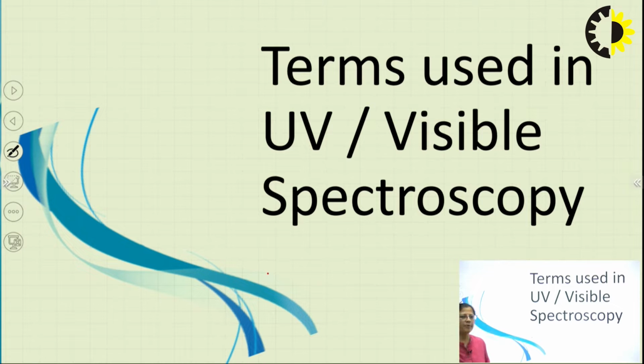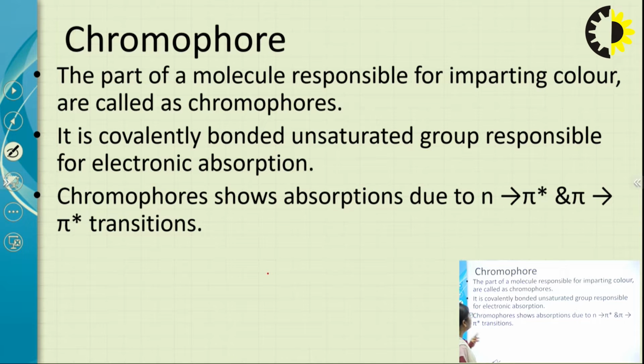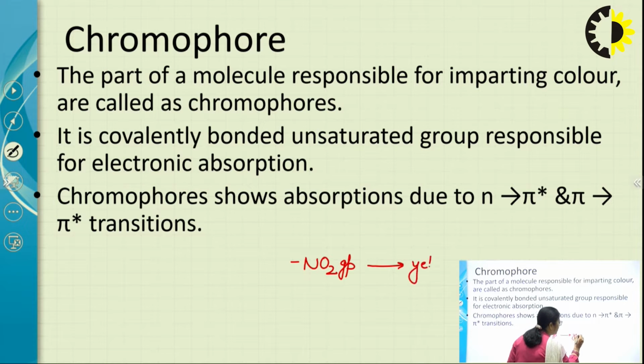Now, in UV visible spectroscopy, there are different terms which are used. The first, very commonly used term is the chromophore. Chromophores are the part of the molecule which is responsible for giving color to the molecule. For example, if the molecule contains a nitro group, this nitro group imparts yellow color to the compound.